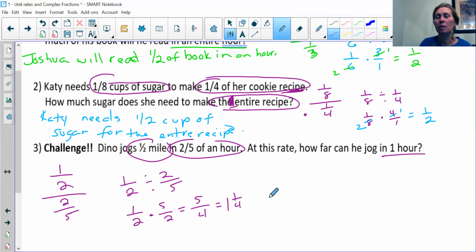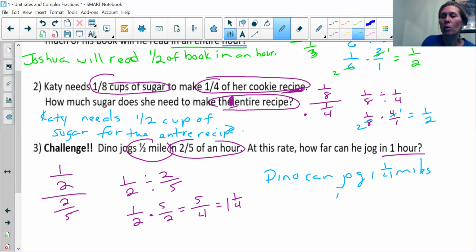How far can he jog in 1 hour? So let me get my different color. Dino can jog 1 1/4 miles per hour, or 1 1/4 mph, miles per hour.